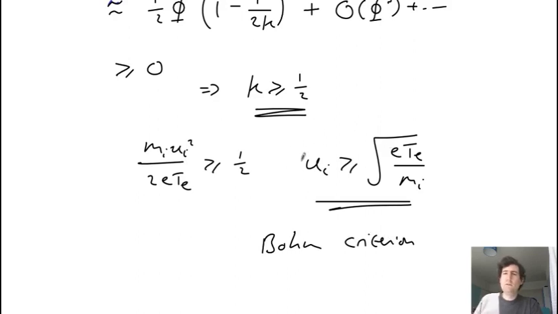And so what this says is that the ion velocity at the sheath entrance, so it's really sort of us, the sheath velocity of the ions, must be bigger than or equal to this thermal speed.